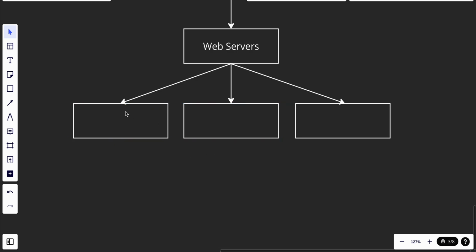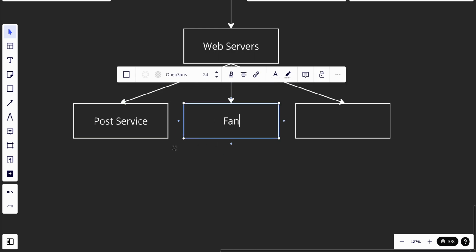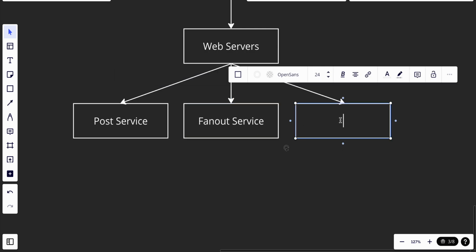So we have our main three services. First of all, we have the post service, and we have the fan out service, and we'll talk a lot about this one. The fan out service, and we have the notification service.